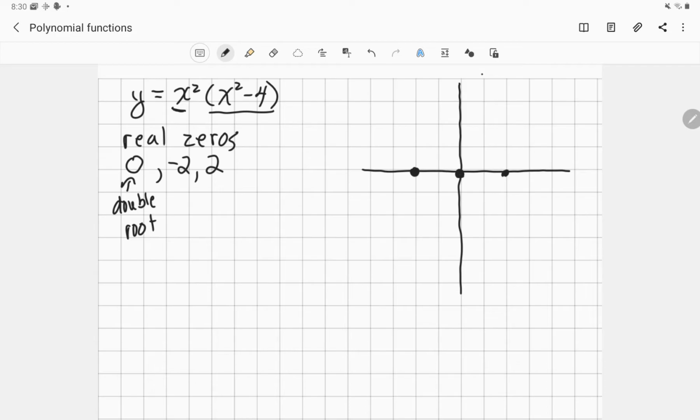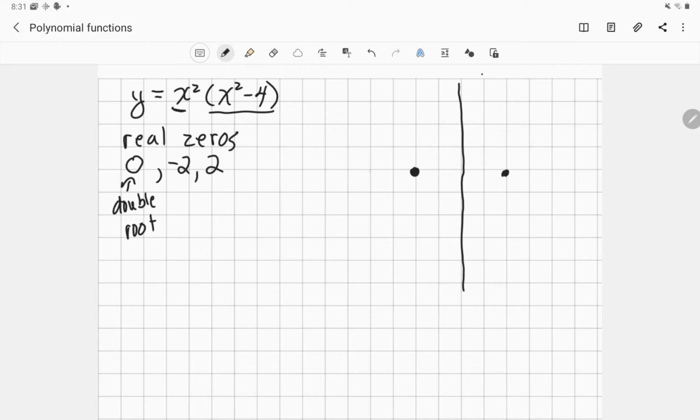What I know is a double root means the graph is going to, again, just my way of putting it, bounce off that. So what that means is it's not going to go through the graph like that. Once it comes up to the 0, it's going to kind of ricochet or bounce off of it and go back in the other direction. Now it could do it that way, or maybe it comes this way and bounces this way, but it's not going to cross that real zero. So great, I just screwed that up big time.